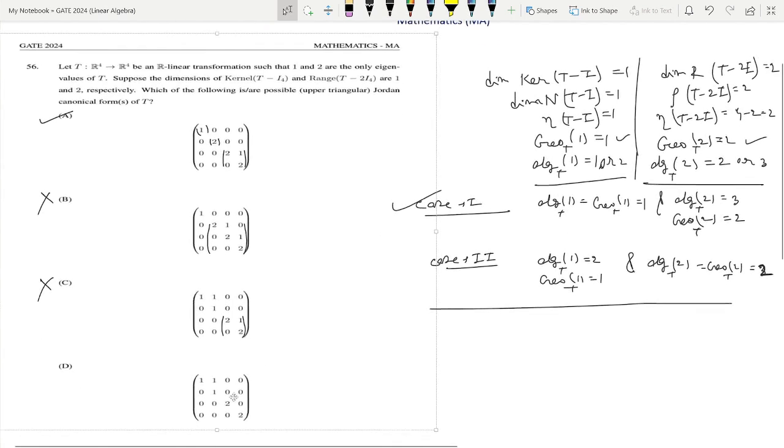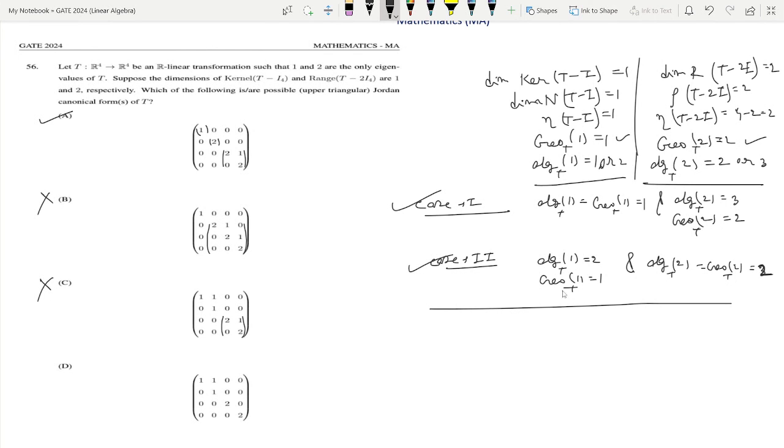Now look at option D, and also look at case 2. See here, the algebraic multiplicity of 1 is 2 and the geometric multiplicity of 1 is 1. So that means there is only one Jordan block corresponding to the eigenvalue 1, and that must be of size 2.